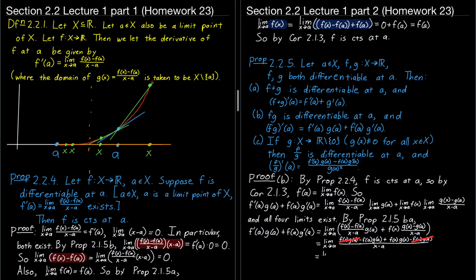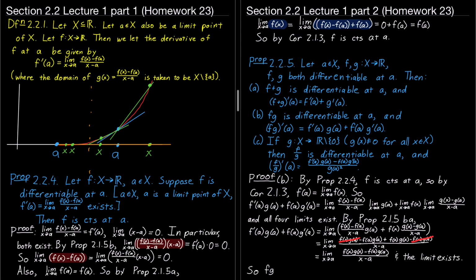this very simply as the limit as x goes to a, f of x, g of x, minus f of a, g of a, over x minus a, and the limit exists. And we recognize that that's the difference quotient for the function fg.